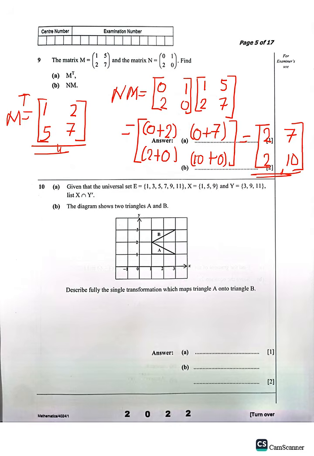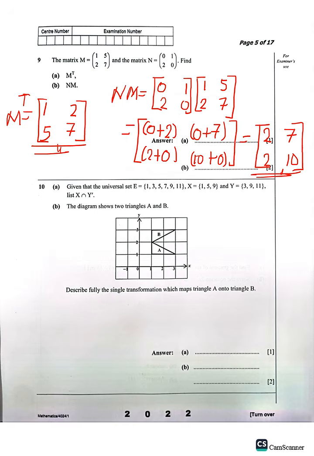Given that the universal set has elements 1, 3, 5, 7, 9, 11, x has elements 1, 5, 9, and y 3, 9, 11. List x intersection y, and x intersection y complement.